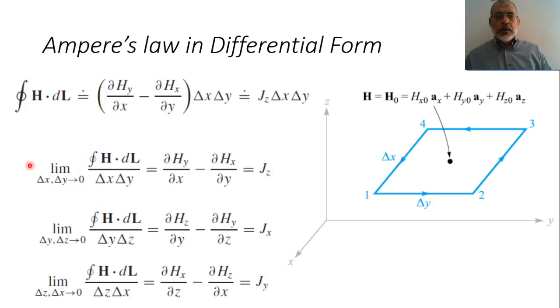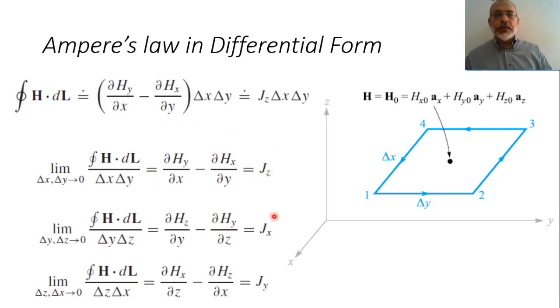So the limit when delta x delta y tends to 0, the integration over the closed path of H dot dl over delta x delta y would equal the derivative of Hy with respect to x minus the derivative of Hx with respect to y, which equals Jz.